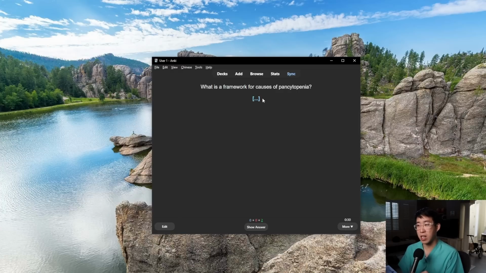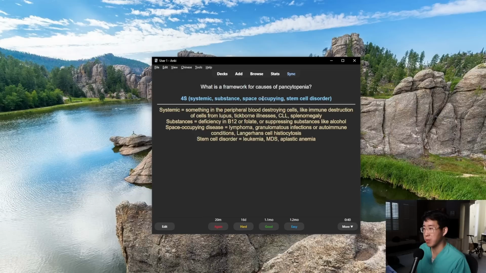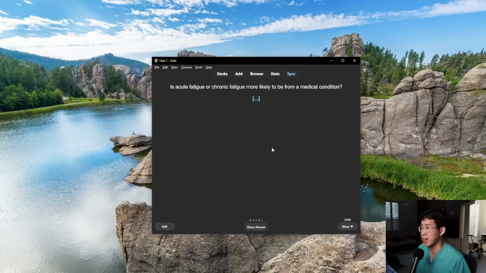Then it's going to be space occupying. So is there some invasive process that's occupying the bone marrow, like a granulomatous disease? And then 4 is going to be stem cell disorder, which would be like a leukemia. So systemic, substances, space occupying disease, or stem cell disorder. That's a nice framework for pancytopenia.